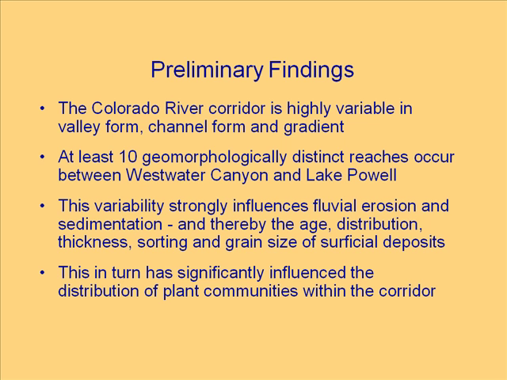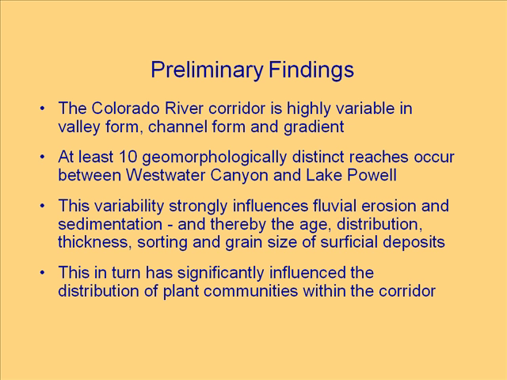So, what have we gotten to so far? Well, in a preliminary fashion, what we've determined is that, as we already knew, the Colorado River corridor through the Colorado Plateau is a highly variable, highly complex system. If we want to understand that system in any kind of detail, we have to break it into smaller pieces that are more similar, more contiguous.